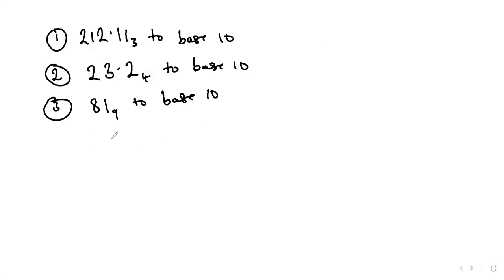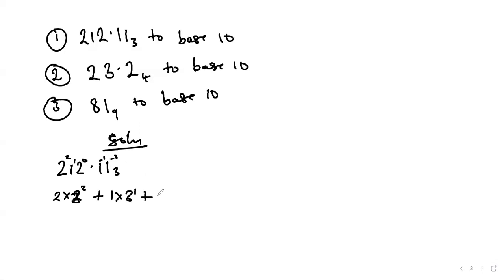All right, let's solve it. So for the first one, 212.11 to base 10, you allocate the powers 0, 1, 2. Here's -1, -2, and 3 is the base. So this will be 2 times 3 raised to the power of 2, plus 1 times 3 raised to the power of 1, plus 1 times 3 raised to the power of -1, plus 1 times 3 raised to the power of -2.